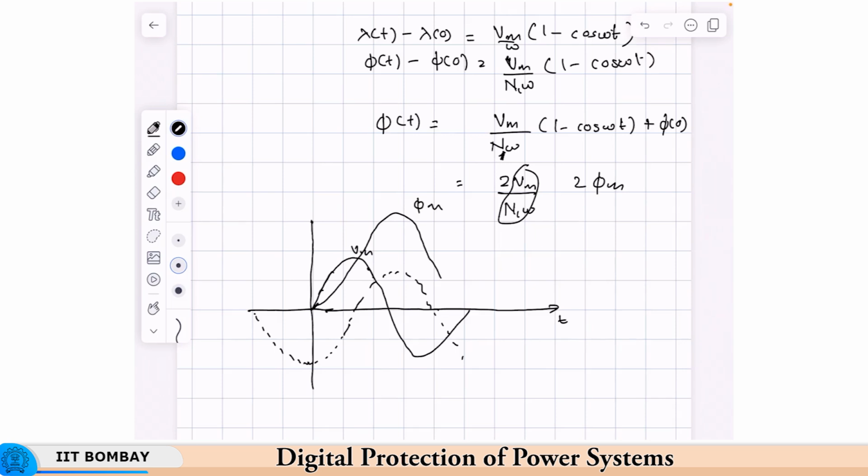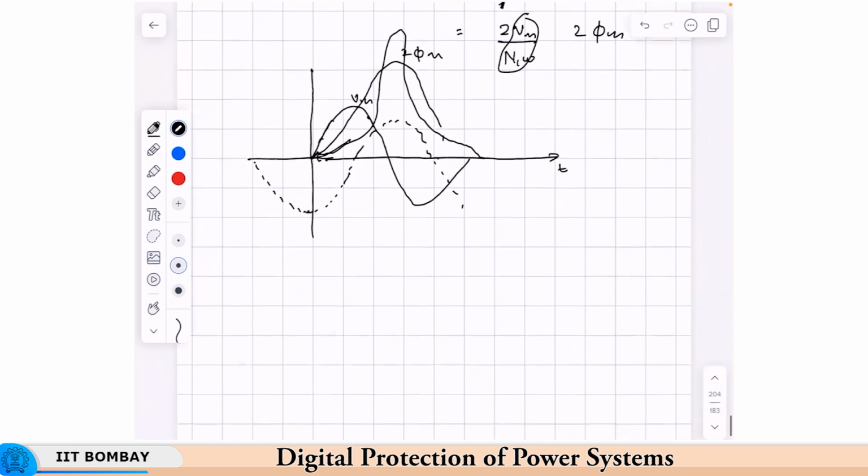Because it has to reach a value of 2 phi m. And to achieve this flux, the corresponding excitation current will also be very high, something of this nature.